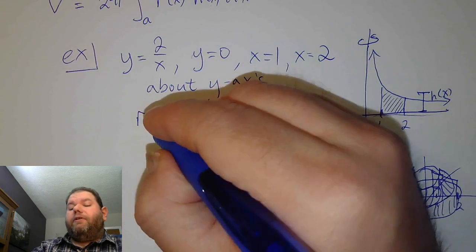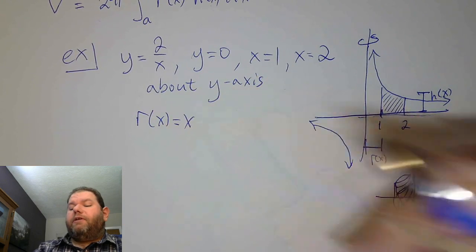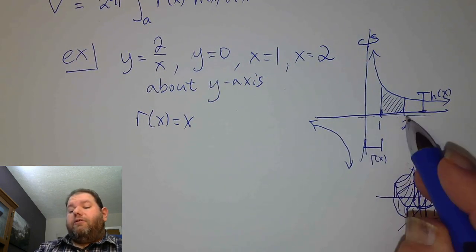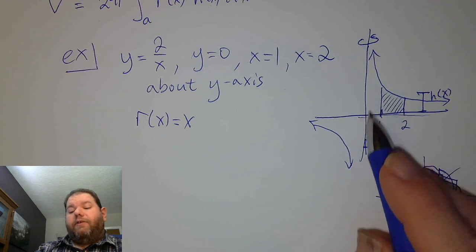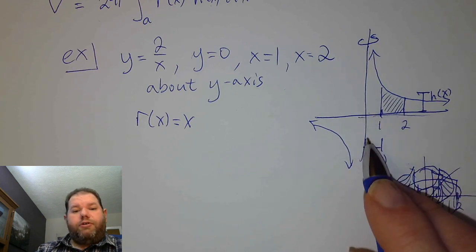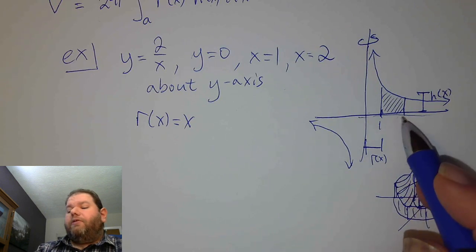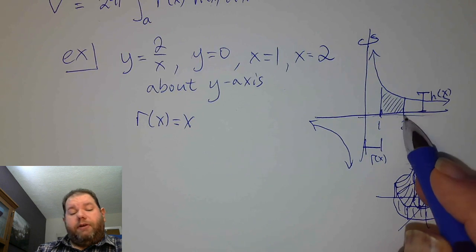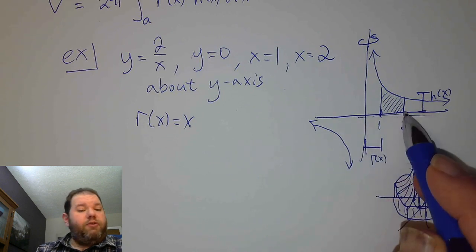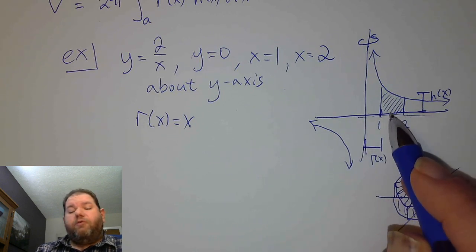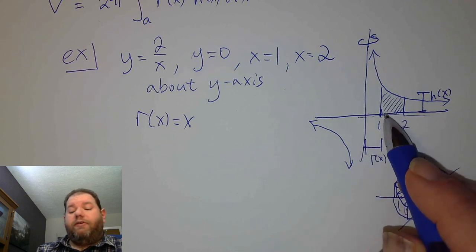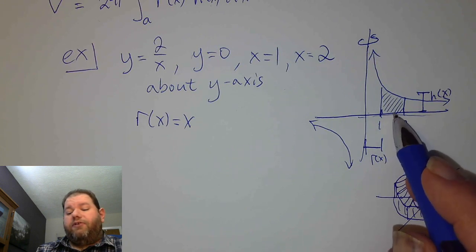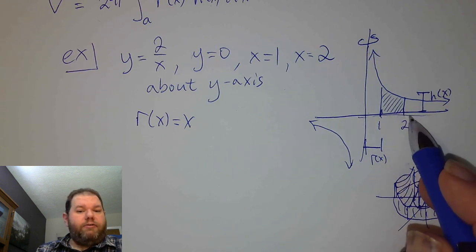So r of x is just equal to x, because each of these x values from 1 to 2 is x units away from the axis of revolution, which is right on the origin. If we picked 1, it's 1 unit away, so we'll have a radius of 1. If we pick 2, it's 2 units away, we'll have a radius of 2. And if we pick 1.5, it's 1.5 units away, and that'll be the radius. So essentially the radius is identical to the x value in this case.